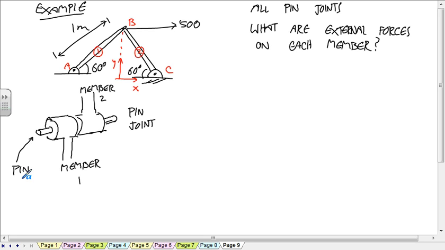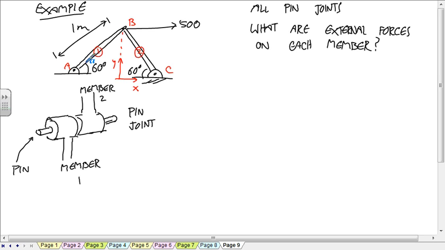And so in 2 dimensions, here are my options for choosing what members to look at at a pin joint. I can do a rigid body, like say we're looking at the pin at A. I can isolate rigid body 1, and then that pin is applying a force to body 1.